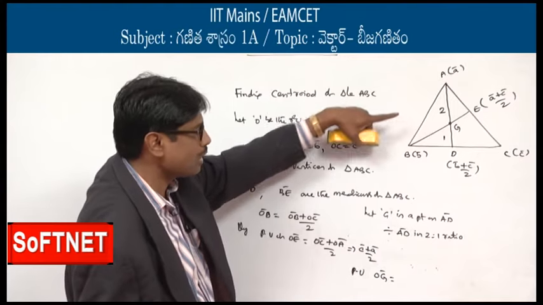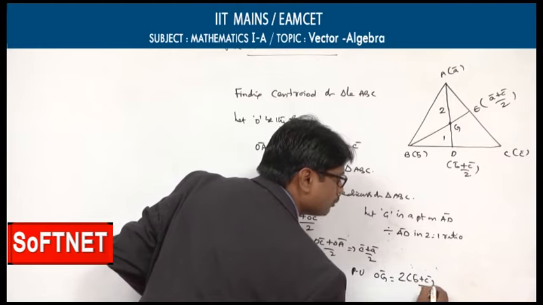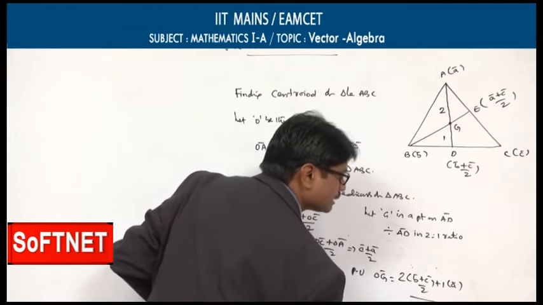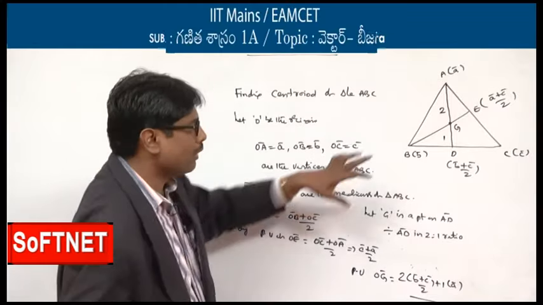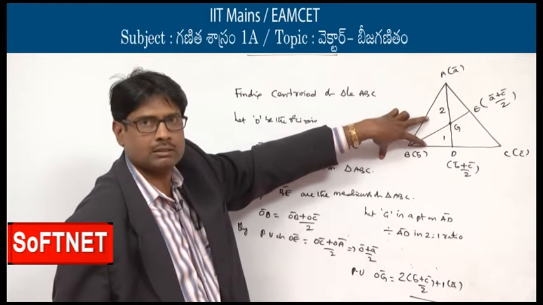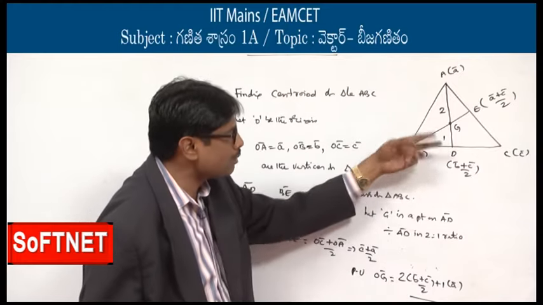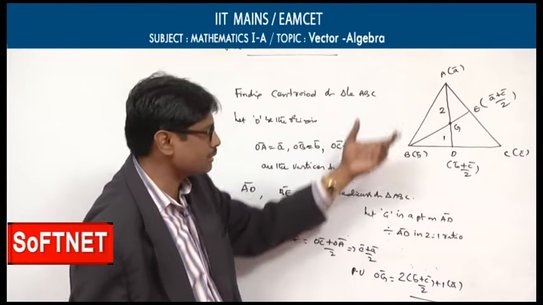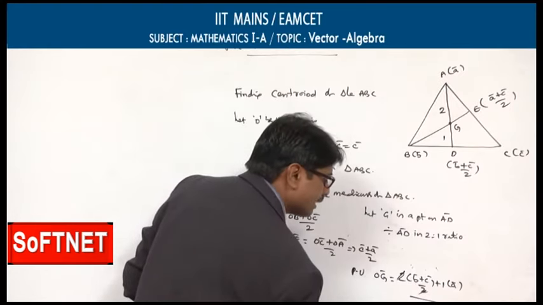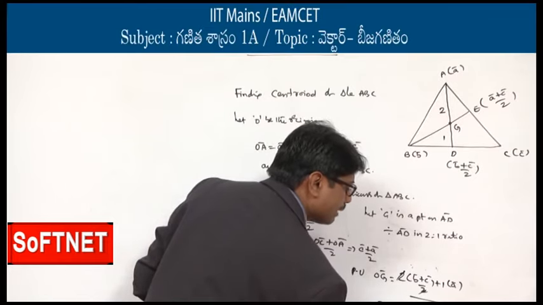According to the section formula, OG bar is equal to 2 times of B bar plus C bar by 2, plus 1 times of A bar, divided by 2 plus 1. As the 2 ones cancel, the position vector of OG bar is equal to A bar plus B bar plus C bar divided by 3.